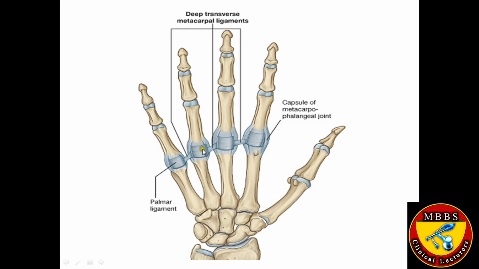This is the deep transverse metacarpal ligament. They support each bone to the other, and they are responsible for the adduction abduction movement over here, and the flexion and extension. During flexion extension, adduction abduction, all these ligaments support the joint.